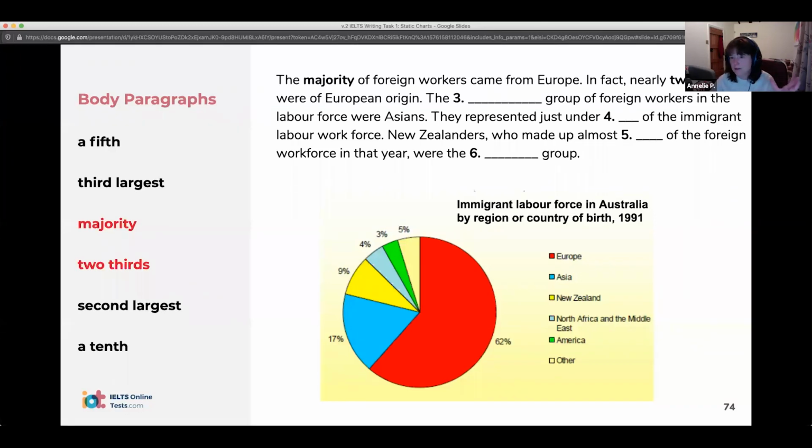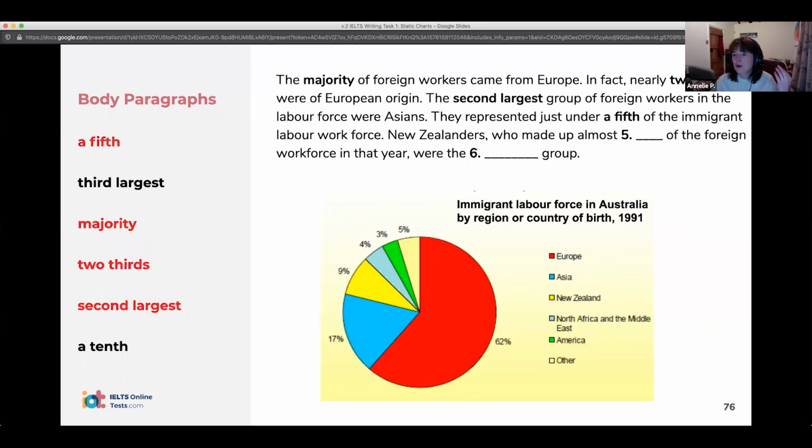So much better than just saying 62%. Okay. So there we've got the language and we've got the figure as well. All right, what about number 3? Okay, the second largest. So we're moving from largest downwards, always a very good way of doing the figures. All right, and they represented just under, okay, very good, a 1/5.